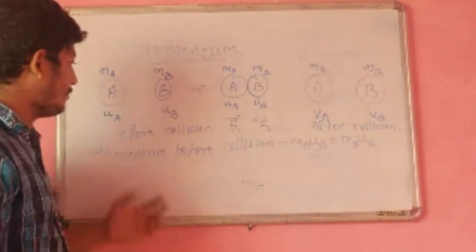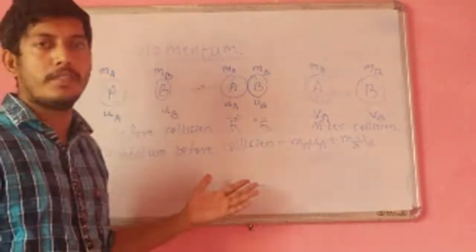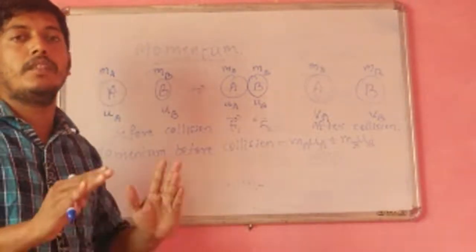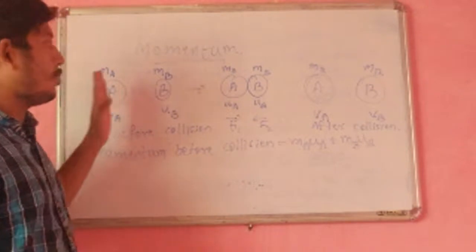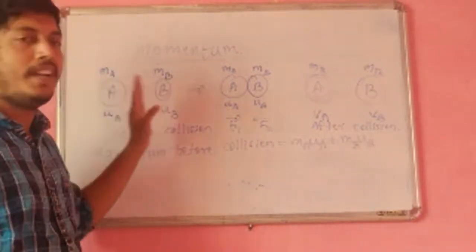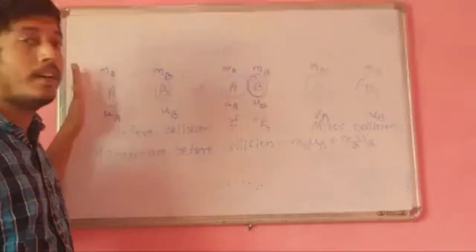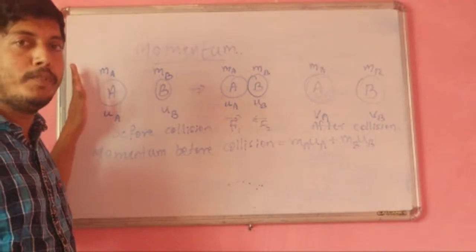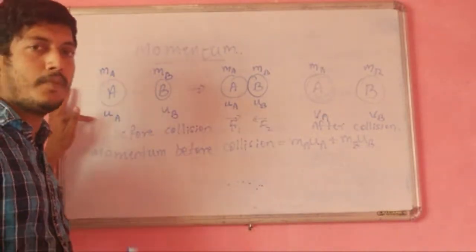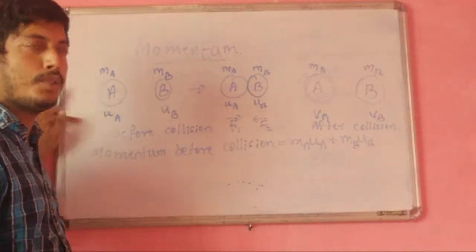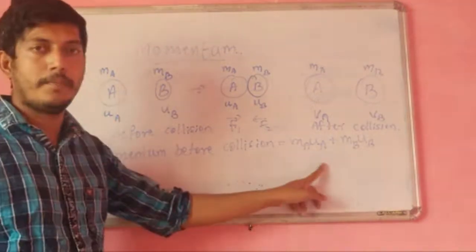Now we have the momentum before collision. As I told you, momentum is the product of mass and velocity. Here two objects are present, object A and object B. The momentum of object A is mA uA, because mass is mA and velocity is uA.